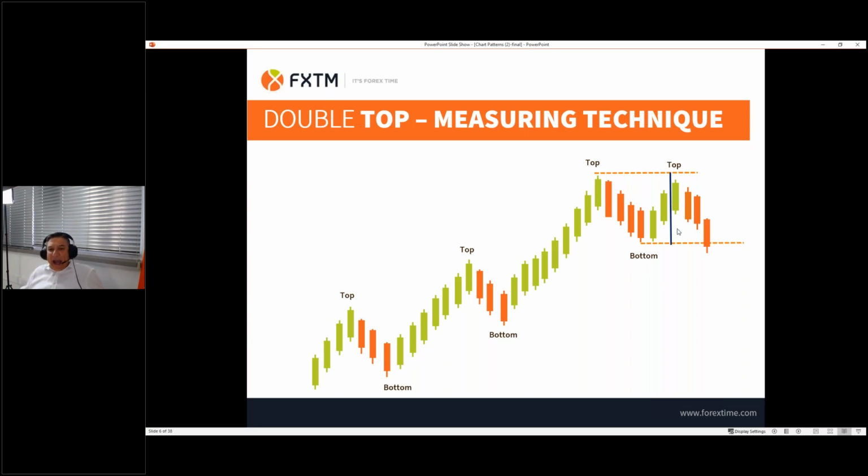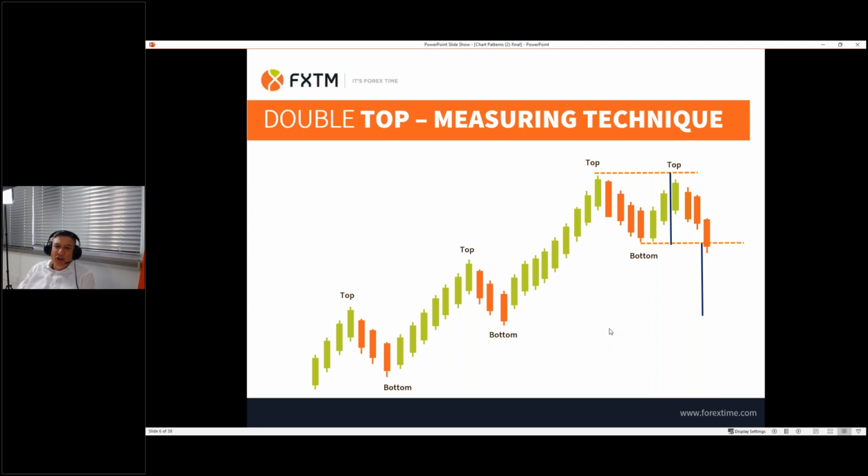They take the height from the highest top to the last bottom, and they project it at the breakout level. This is the minimum target that prices will go. It is the minimum. They might go even lower, but based on this theory, this is the minimum target.